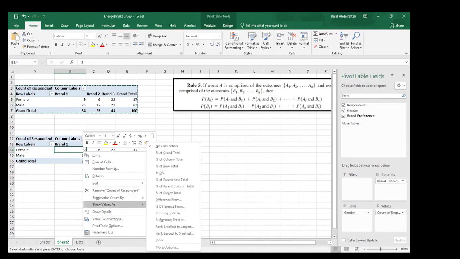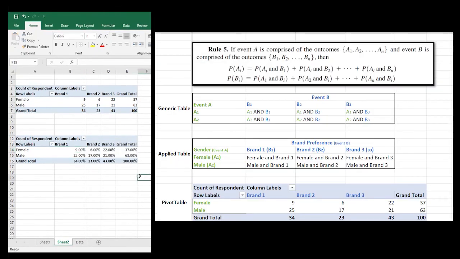And this is how we'll get the joint probabilities for everything. So here I'll select that. And now I have the joint probabilities for each one of the intersections of my two variables that I'm dealing with here. So the probability of female and them selecting brand number two as their preference is 6%. And that's what we found when we were doing this manually by dividing 6/100.